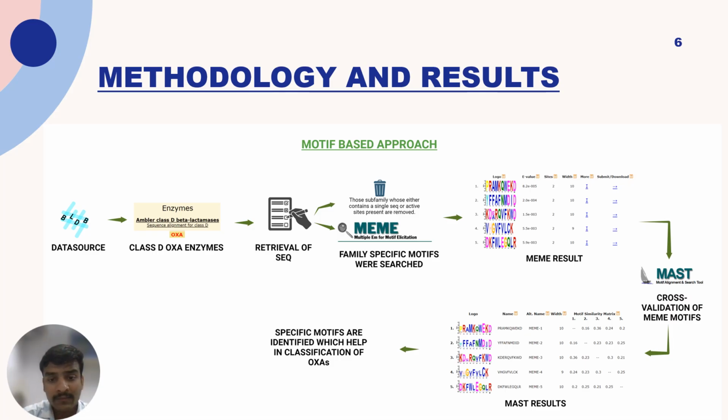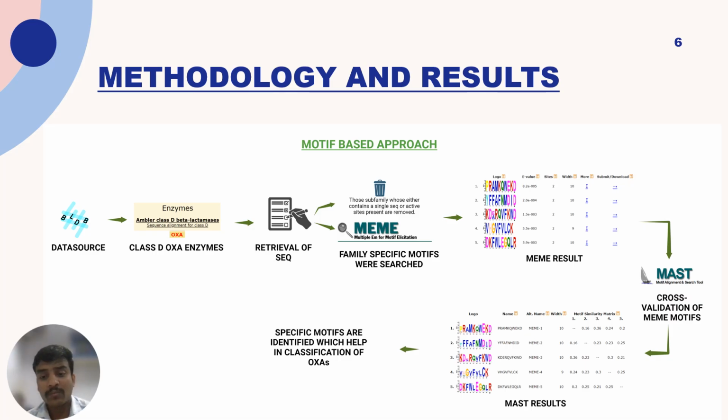After that we took all the sequences and used the MEME suite. MEME is a tool used for identifying the motifs of the sequences. While finding the motifs, we also found that some of the sequences have active sites present on them.